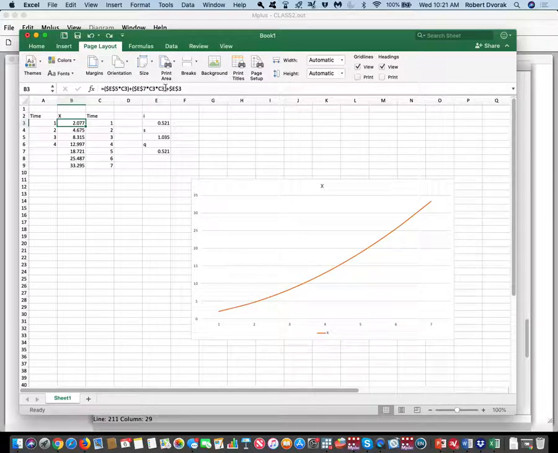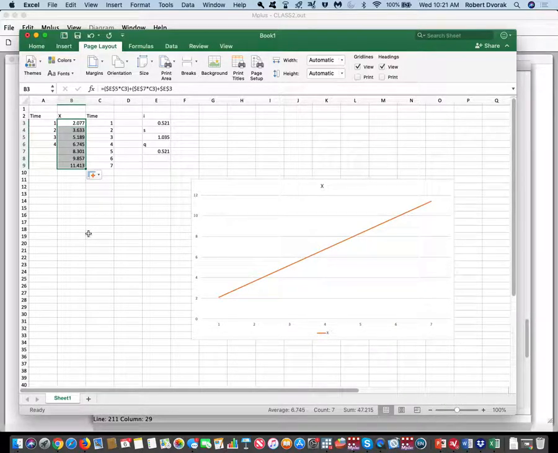If you remove this, what happens to that line? Yeah, it just straightens out, right? Remove it, pull this down, the line goes straight. All right, does that make sense to everybody?